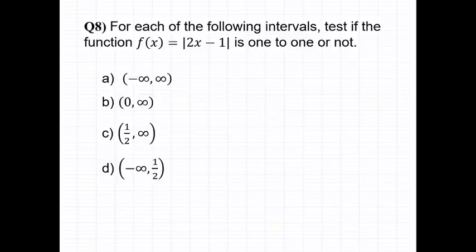For each of the following intervals, test if the function f of x equals the absolute value of 2x minus 1 is one-to-one or not. Now here, the first thing you have to do is to check whether it is one-to-one or not. Make the graph of it. Graph y equal to absolute value of 2x minus 1.